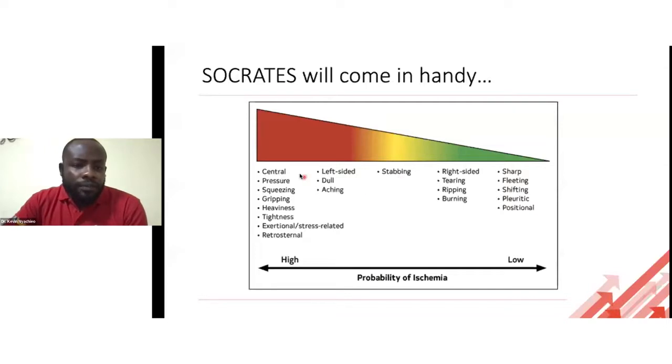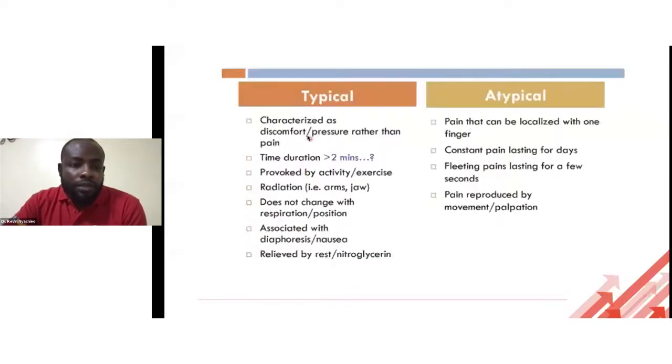Classically, the type of pain that should point you to thinking about ischemia, what we call typical chest pain, usually is characterized by a discomfort and a pressure rather than a pain. I've seen patients who come and tell you, I feel like there's a stone on my chest, I feel like there's an elephant sitting on my chest.